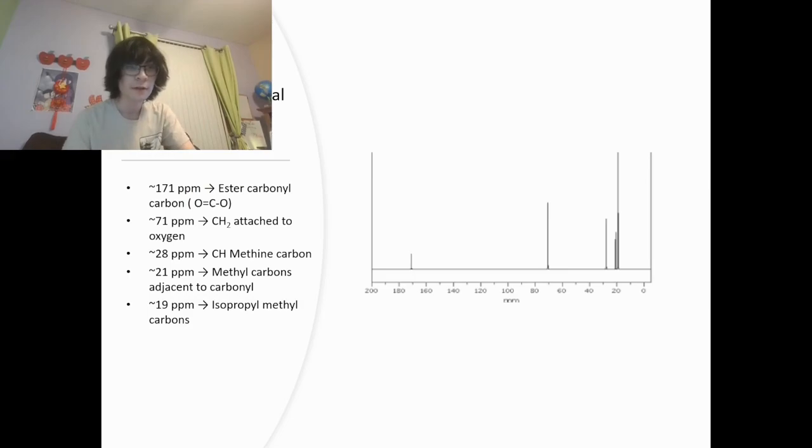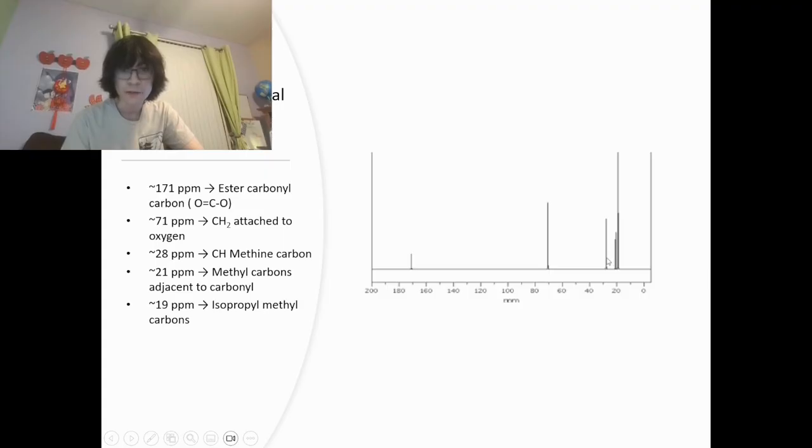So, the 13C NMR. We're going to be talking about the chemical shifts and bonding environments. Right here we have 171 ppm, which is between these two, and we get an ester carbonyl carbon. And then all the way down here, we'll have 71 ppm, and this 71 ppm is basically a CH2 attached to oxygen.